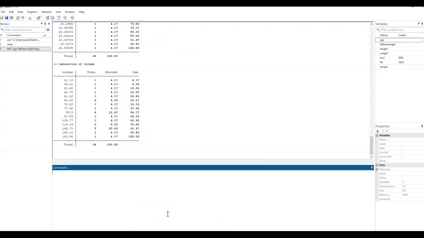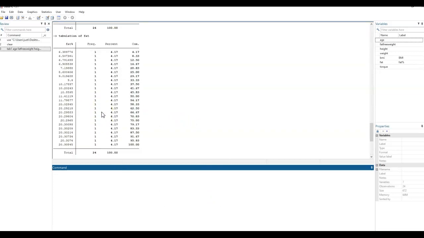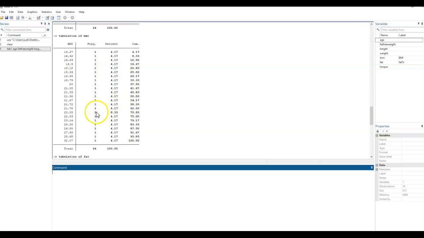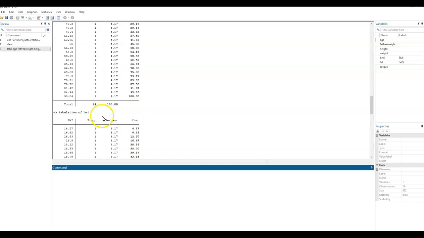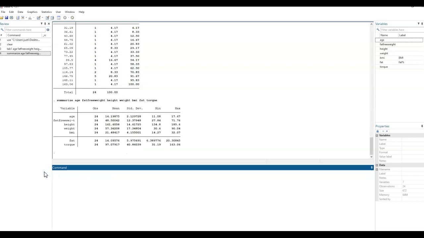That's not giving us great information, because we wouldn't expect many people to be within a certain frequency. We can see just the range, and everyone is going to be a 1. For BMI, we only had an example of 2 where it's 22.25. So a better command is to swap out that tab command and summarize.